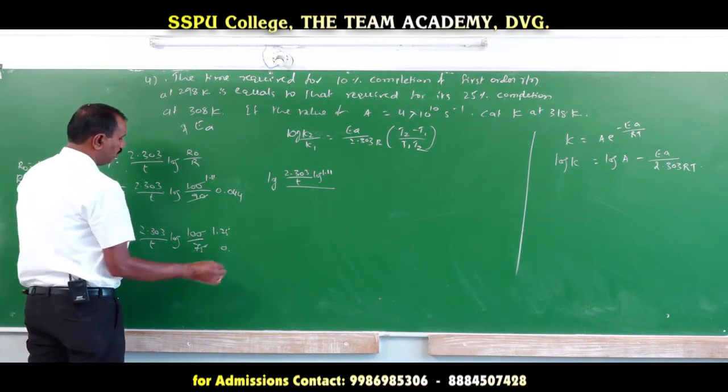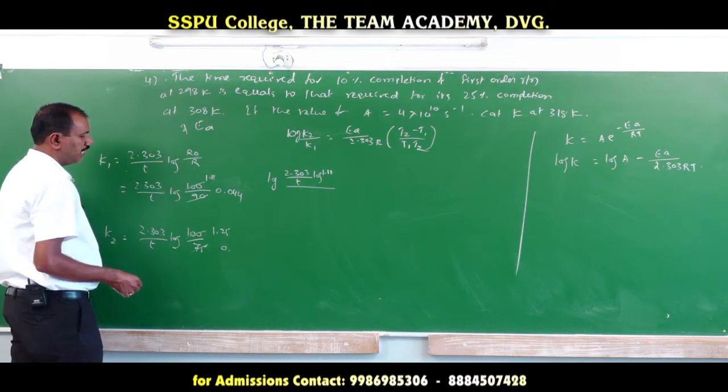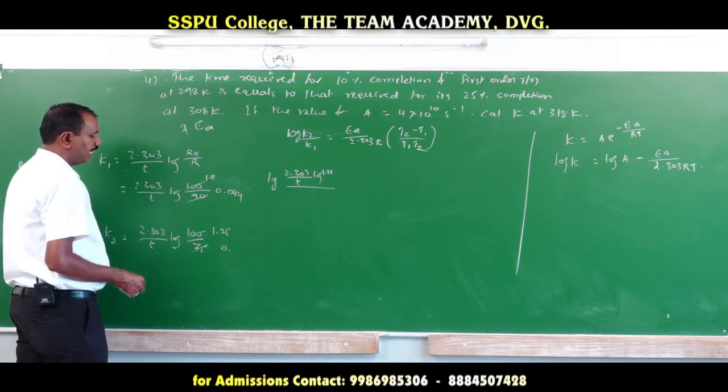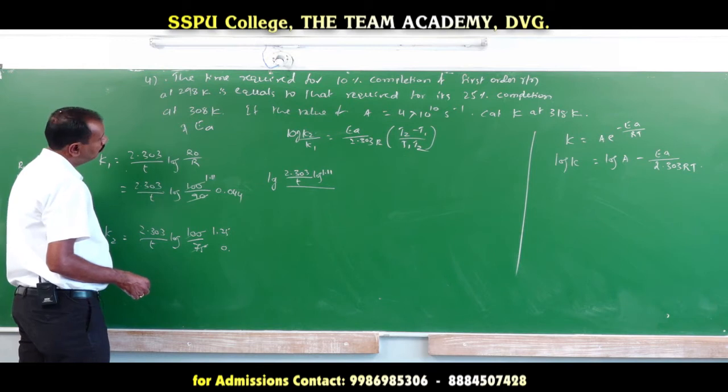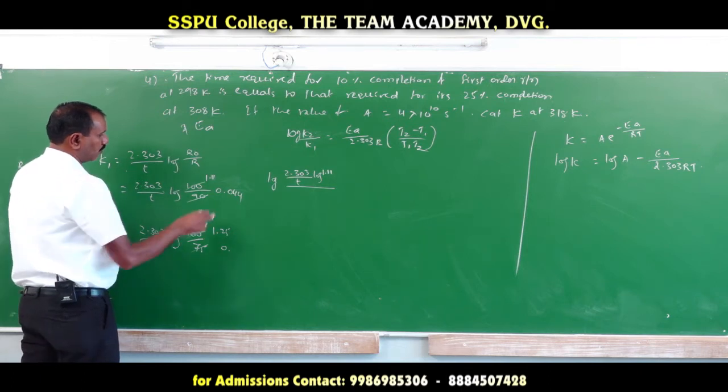Characteristic is 0. 12 under 0 is nothing but nearly 44.